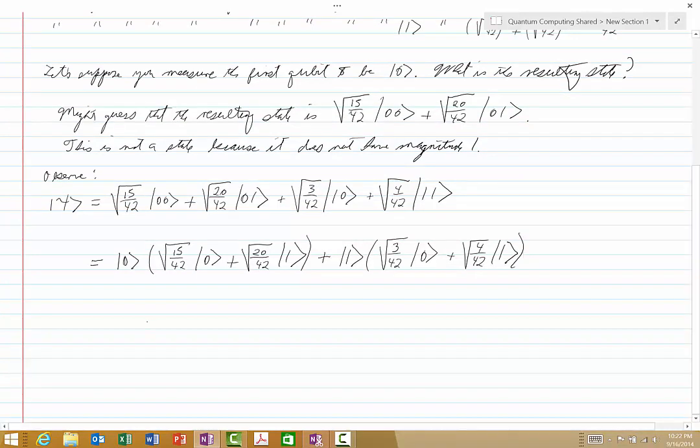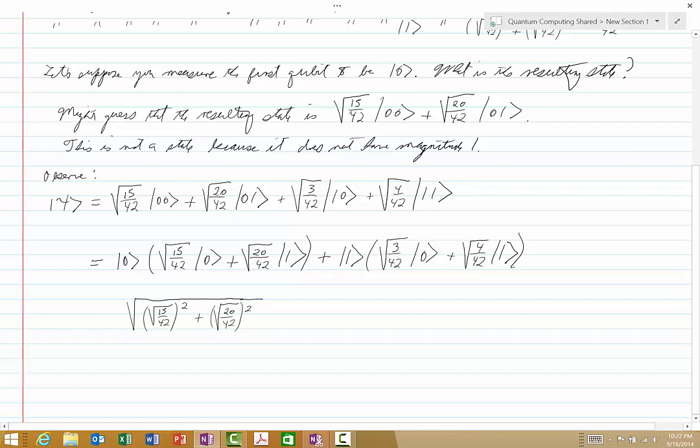For the first term, we will take the square root of this coefficient squared plus this coefficient squared. So we'll have the square root of the square root of 15 over 42 squared plus the square root of 20 over 42 squared.